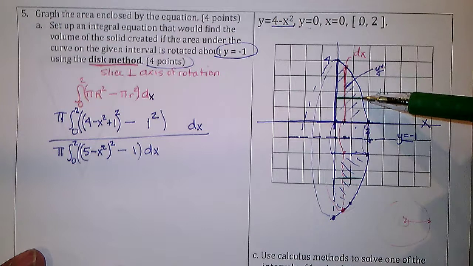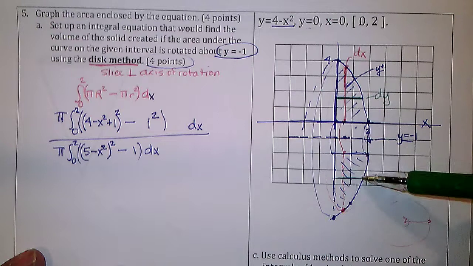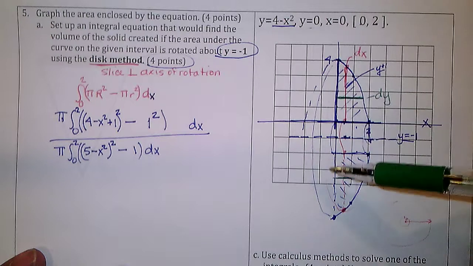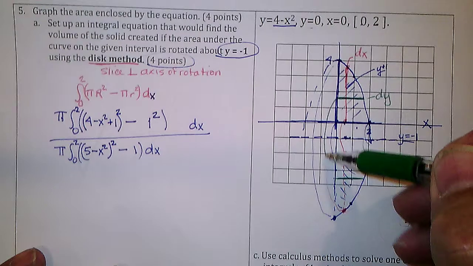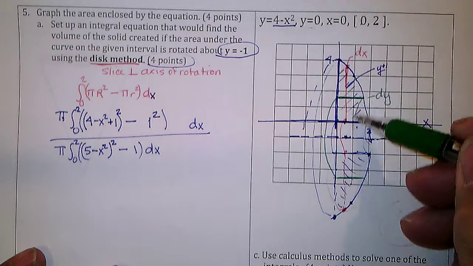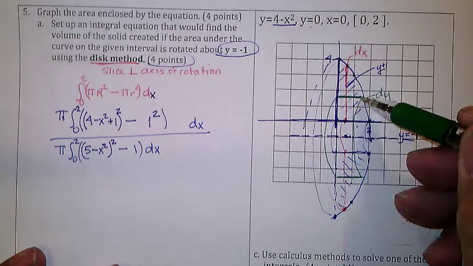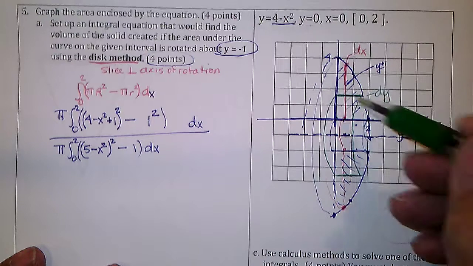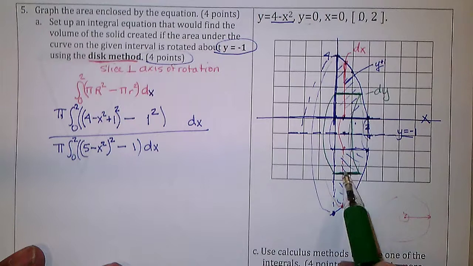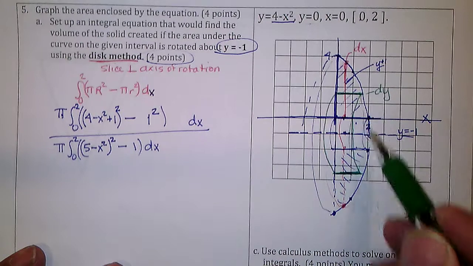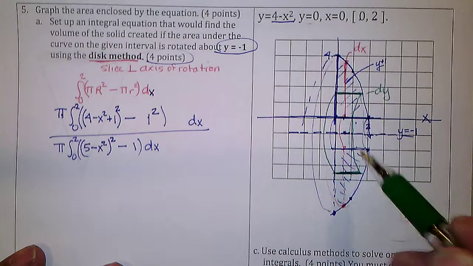So this point goes down to here. This point goes down to here. And so I get this ring, not a washer, but a ring, like a piece of pipe. Has some thickness, and it goes around and it goes behind, and it's a piece of pipe.